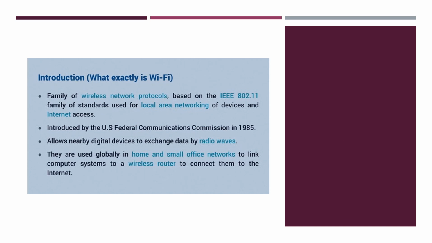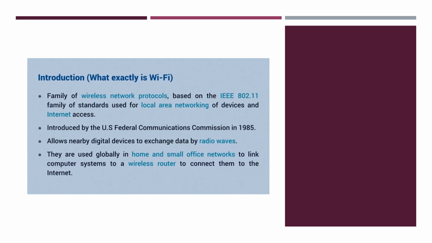Now let's see what is Wi-Fi. Wi-Fi is actually a wireless network protocol. It is based on IEEE 802.11 standards. It is used for local area networking of devices and internet access.